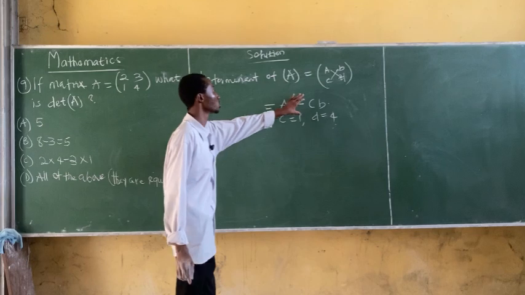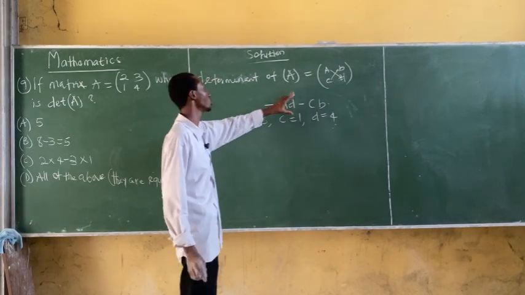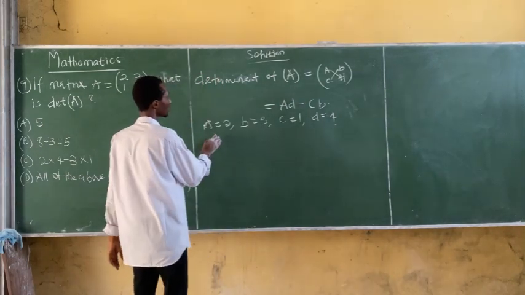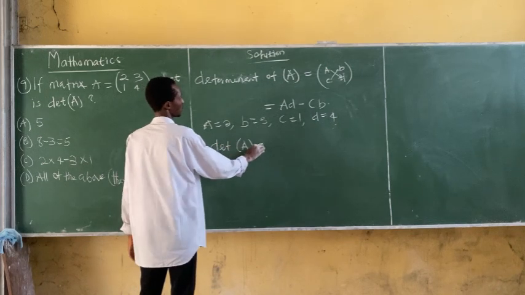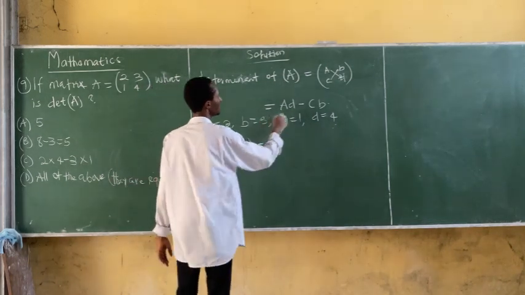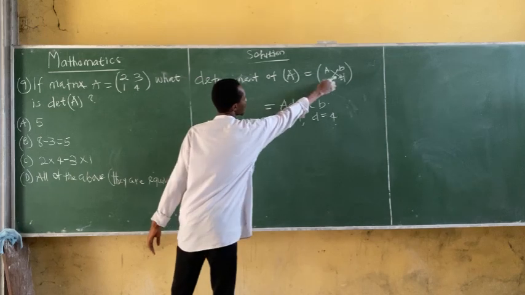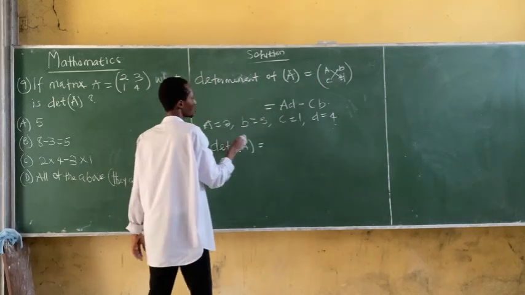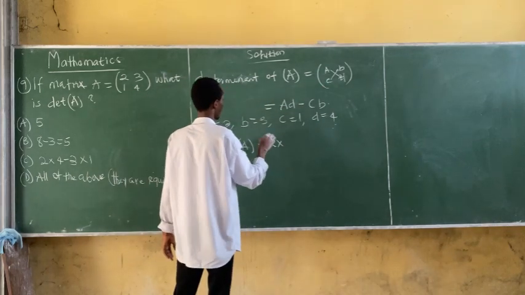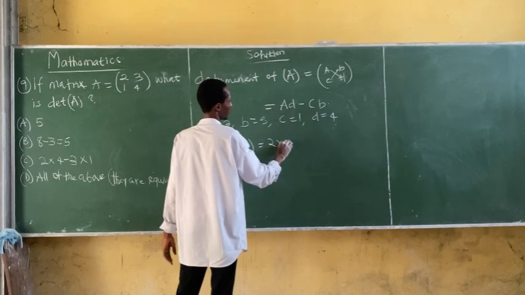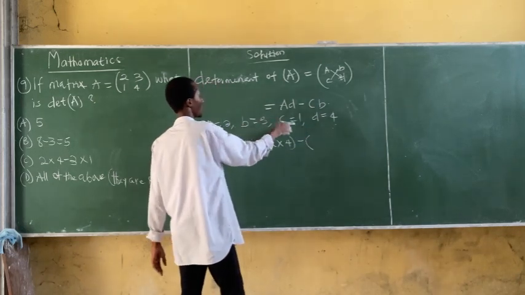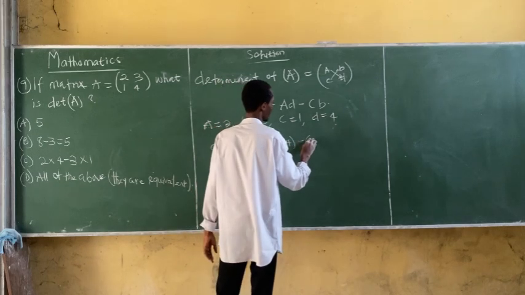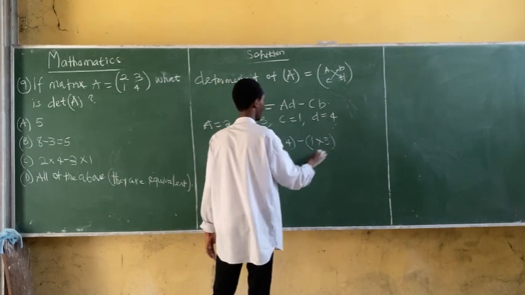If we substitute it into this equation, if we compute it, we have that the determinant of A is equal to AD. AD here is this times this, and our A is what? 2. So we have 2 times 4 minus BC. Our B here is 1 and our C is 3. So we have 1 times 3.